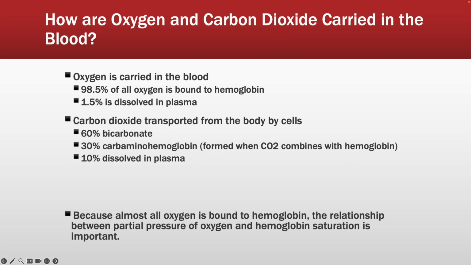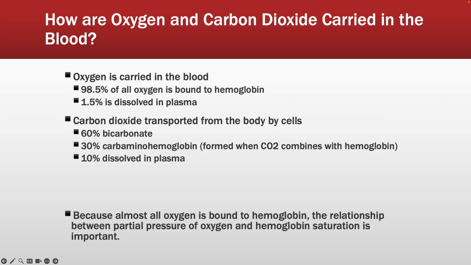So how are oxygen and carbon dioxide carried through the blood? Oxygen is carried in the blood: 98.5% of all oxygen is bound to the hemoglobin, and 1.5%, the remaining portion of oxygen, is dissolved in plasma.